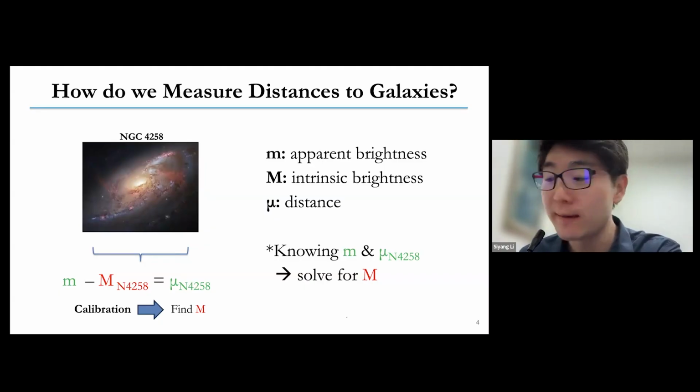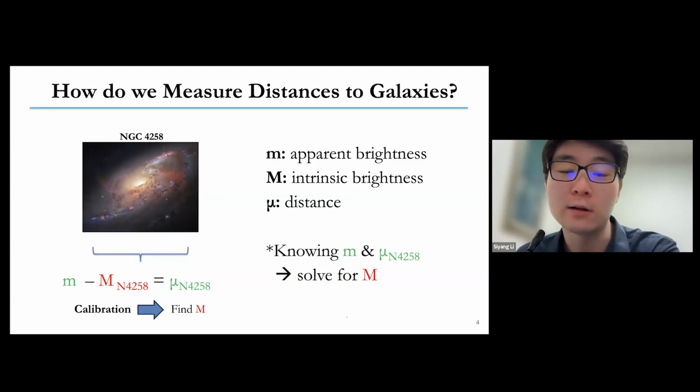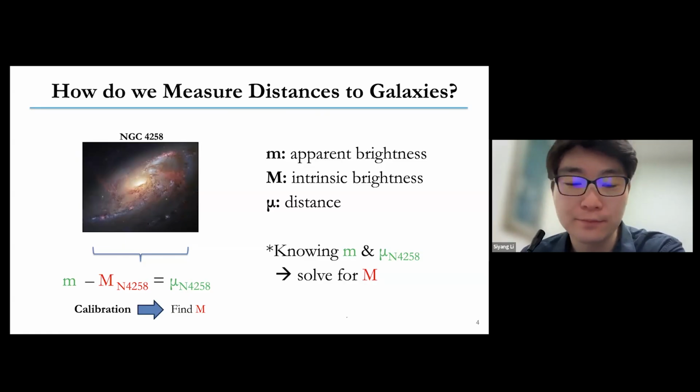In this case, for NGC 4258, a water maser system rotating around the central black hole. Now, these systems where we have a geometric measurement are very rare and very few, so they're kind of special. We don't have a geometric distance to all galaxies or most galaxies that we work with.